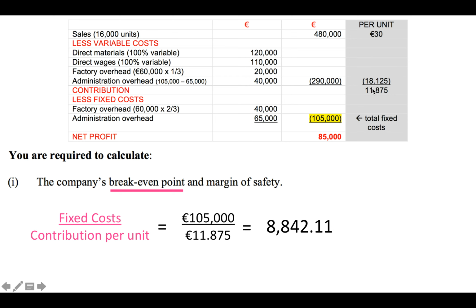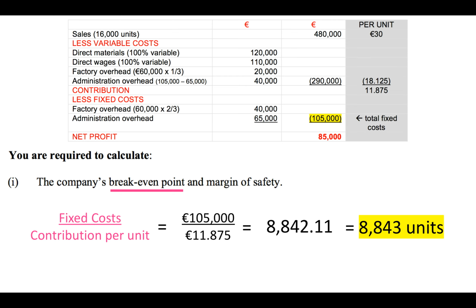When we throw that into our calculator, we get 8,842.11 and so on. But hopefully you know that we need to round up, because we cannot sell a fraction of a unit. In order to break even, we're going to have to sell 8,843 units. That's very important to know.